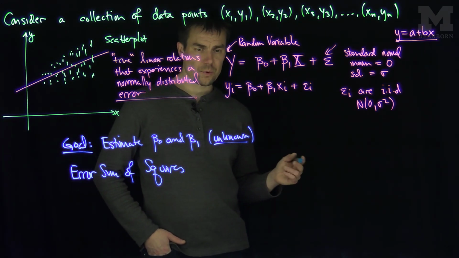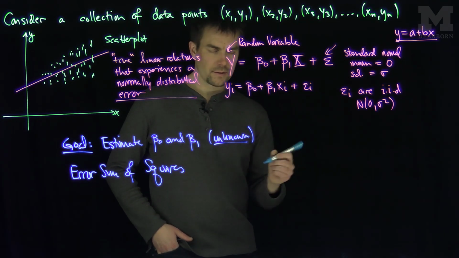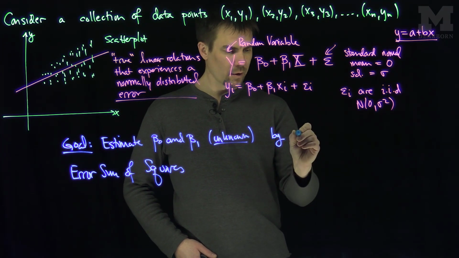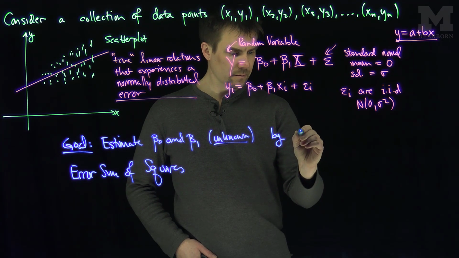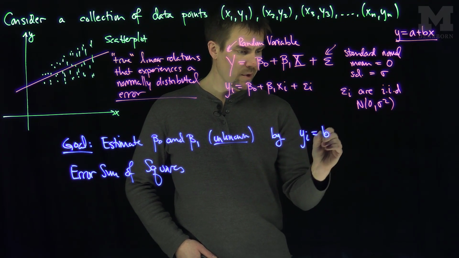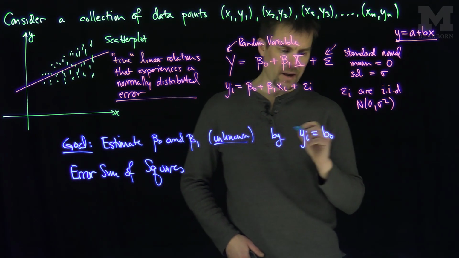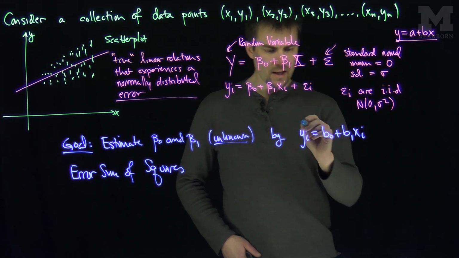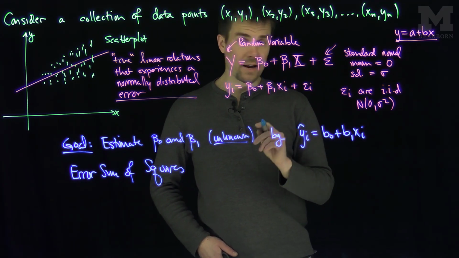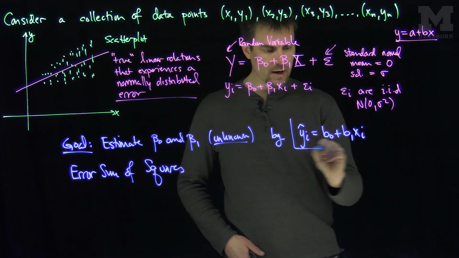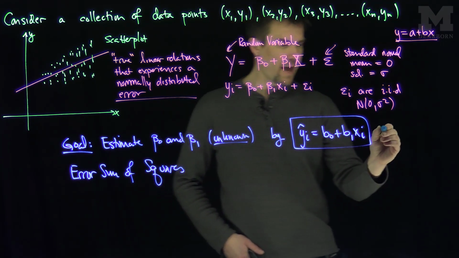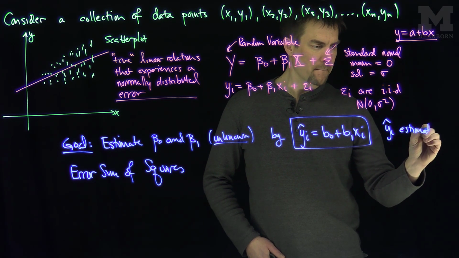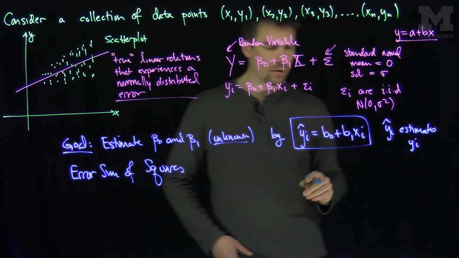And what is the error sum of squares? Our goal is to estimate beta 0 by looking at b0, an estimate of beta 0, plus b1 xi. And we're going to call this yi hat because it's an estimate. So our yi hat estimates yi.